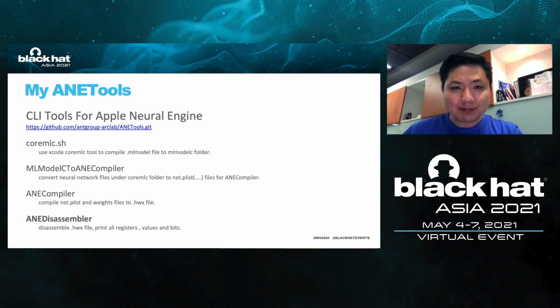The tool ML model C to ANE compiler program can convert the files in the ML model C folder into acceptable files for ANE compiler. The tool ANE compiler calls the ANE compiler module to compile files such as net.plist into model.hwx files. Next, I will introduce ANE Disassembler in detail.